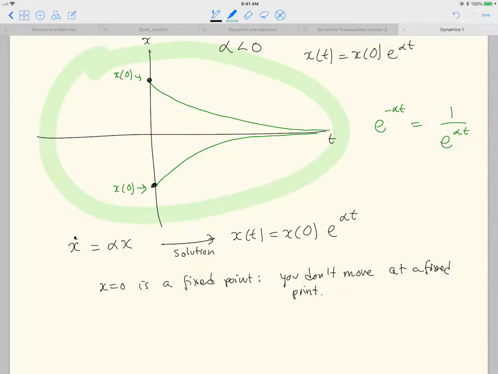We started at x equals 0, at this fixed point. And now some noise moved us, say to here, or to there. But the dynamics are such that we tend to go back to x equals 0. So when alpha is negative, if you're at the fixed point and some noise moves you off it, you tend to come back. And that's what makes it a stable fixed point.